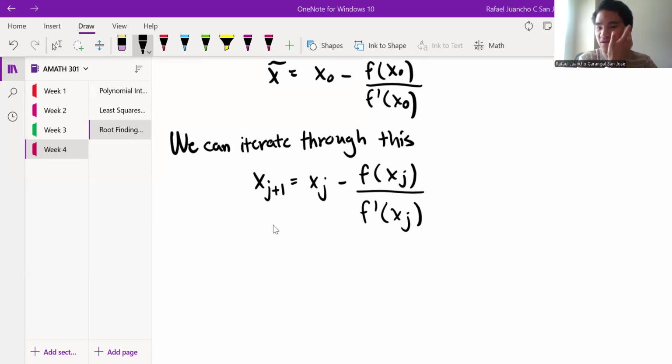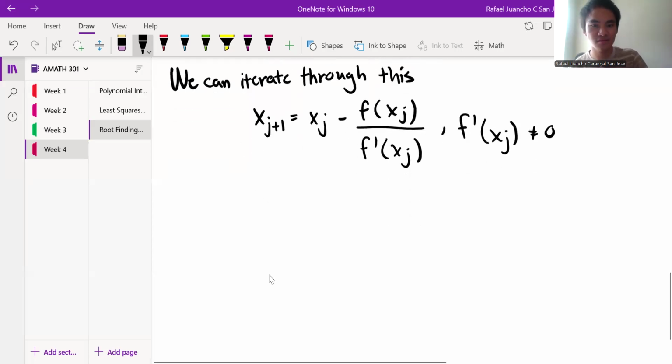And then we note here, let's do a quick note: this should not be 0, or else it will be undefined. Yeah, this won't work if my denominator, my f prime, is 0. And so this method is a go-to if you have information on your derivative. And what do we call this? There's a particular method.